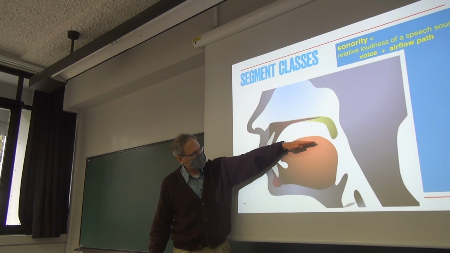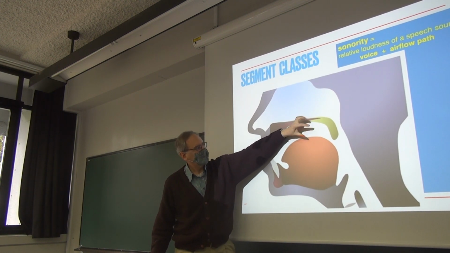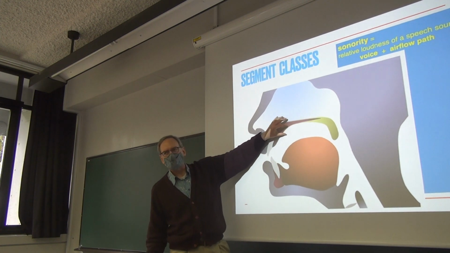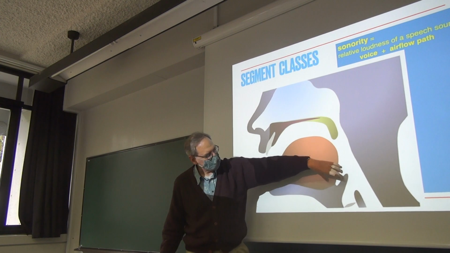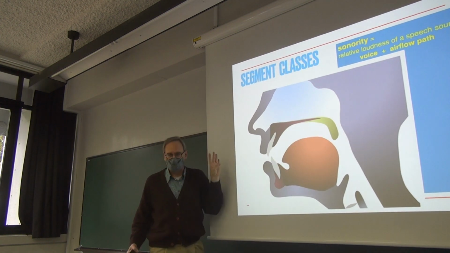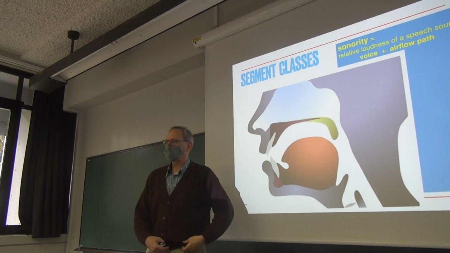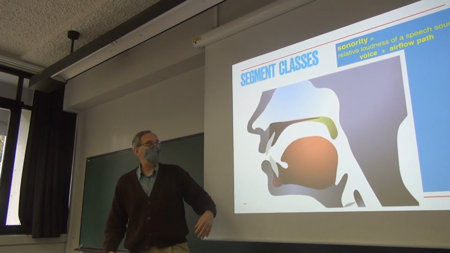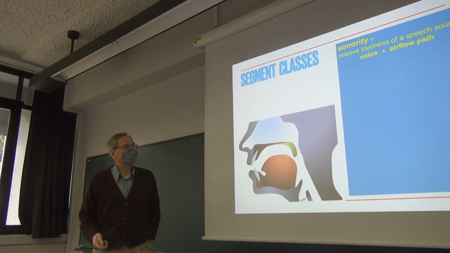And if I change the position of the tongue and raise the tongue, it's going to make a narrower airflow path. If I lower the tongue, it's going to make a wider airflow path. So changing the shape inside the mouth will change the amount of sonority that is created during speech.